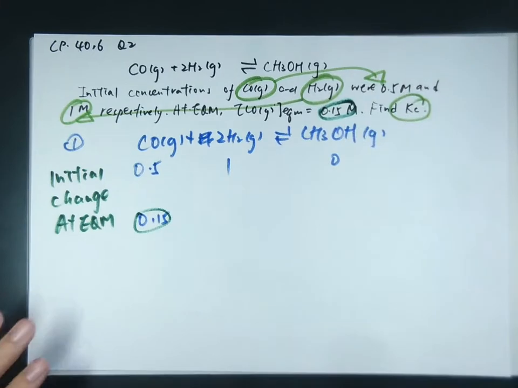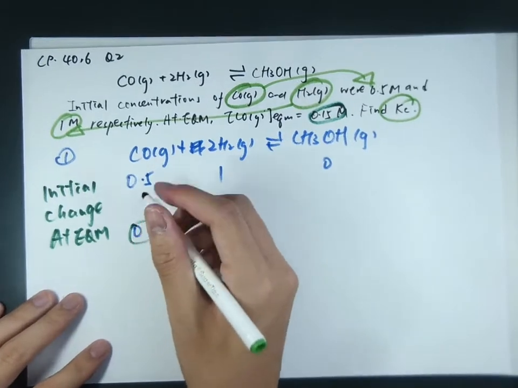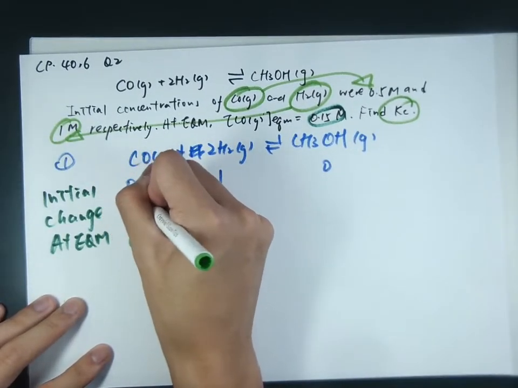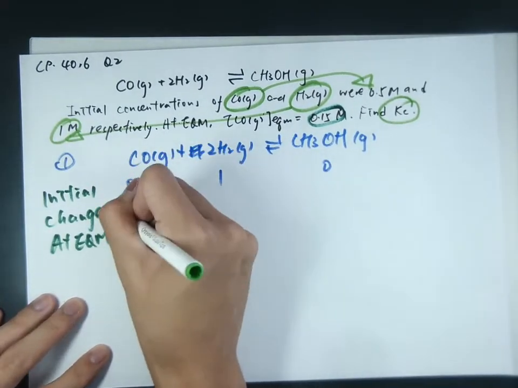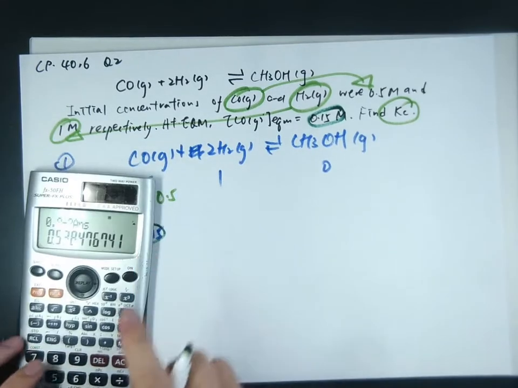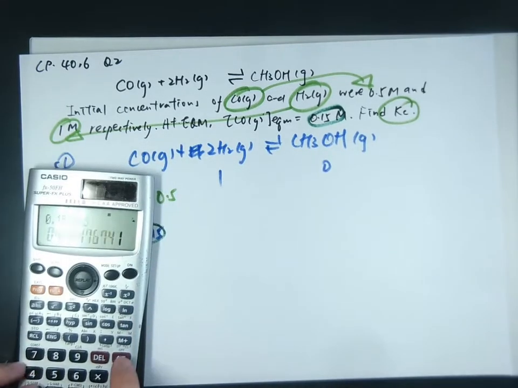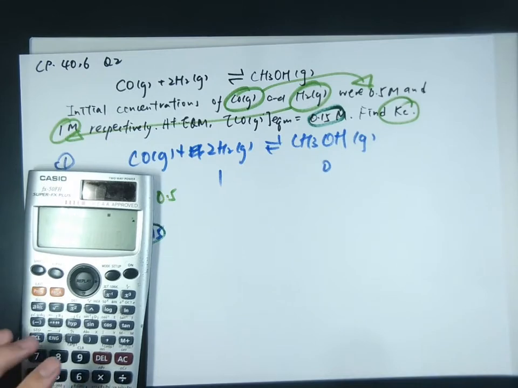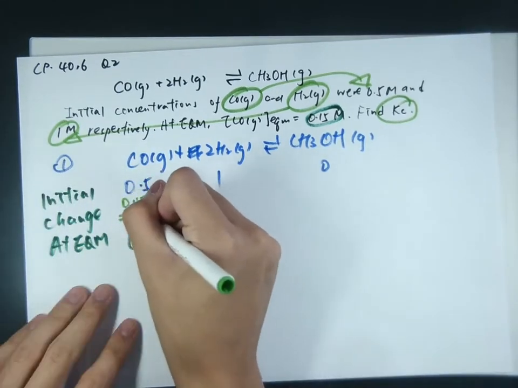Understand? So what is the change? The change is actually the new value minus the old value. So 0.15 minus 0.5 equals negative 0.35.